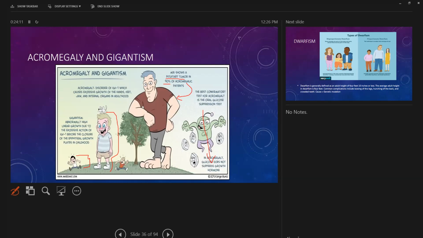So normally glucose should cause GH to go down, but in acromegaly, glucose equals GH, no change. So no change with GH in acromegaly, and there is some change with GH when you have a normally functioning pituitary.